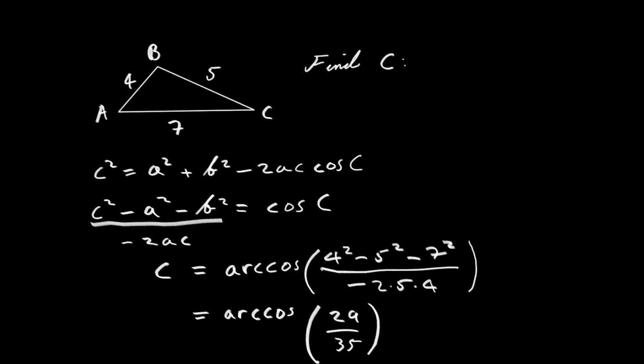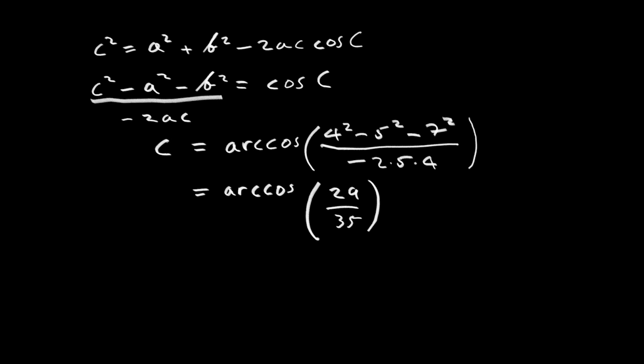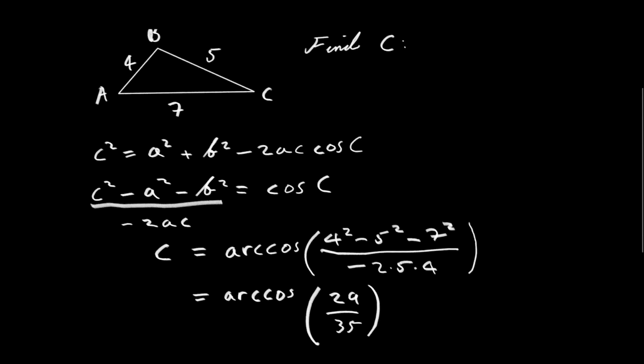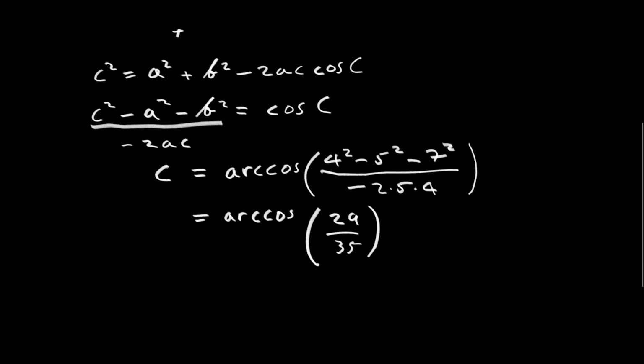So you'd really only need to apply the cosine rule one more time to one of the other angles, and then you would know the third angle by subtracting the two known angles from 180 degrees or pi radians. But I'm not going to do that because you'd just be seeing an example of the cosine rule repeated for different values.